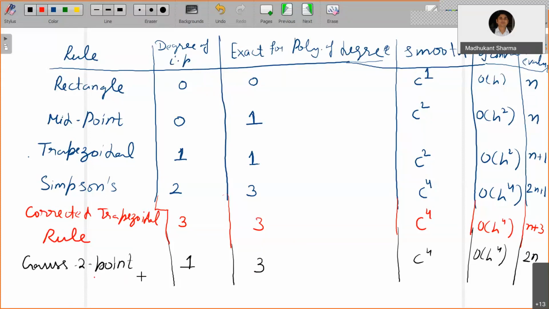So the situation will be very good here whenever you go for Gaussian quadrature rule for more points, like 3 points, 5 points, 6 points, and so on. Now we are going to generalize the Gaussian integration formula in the next step.